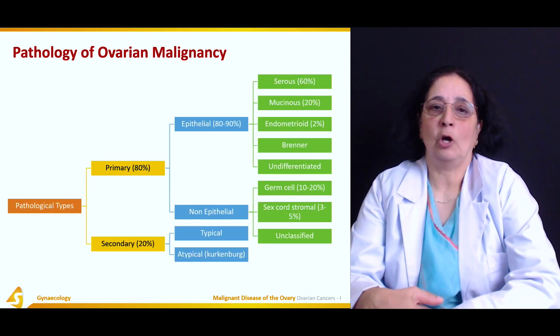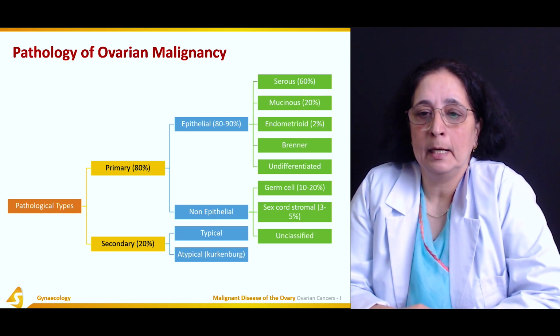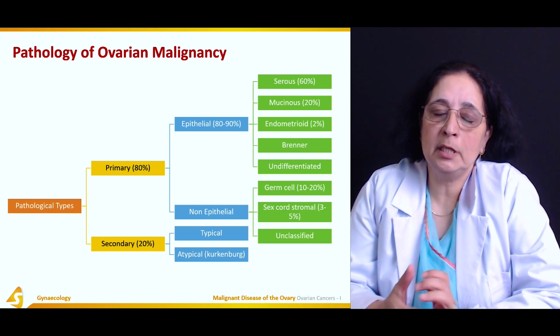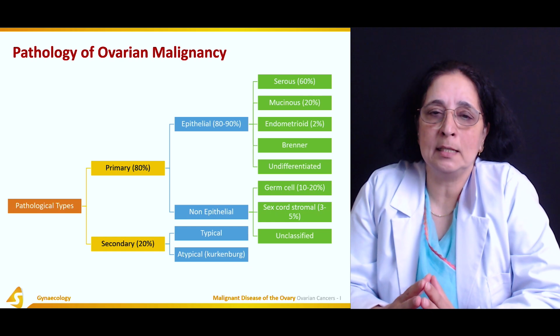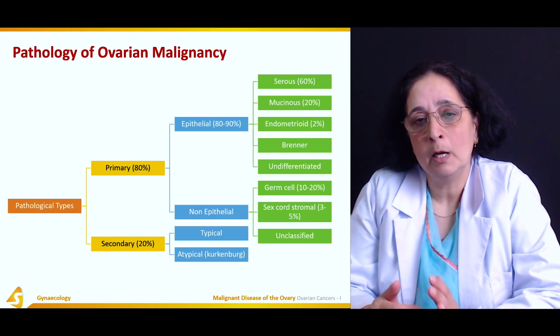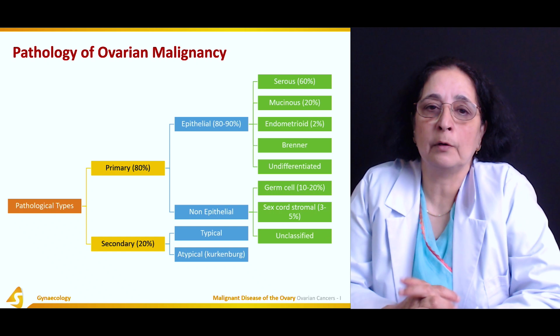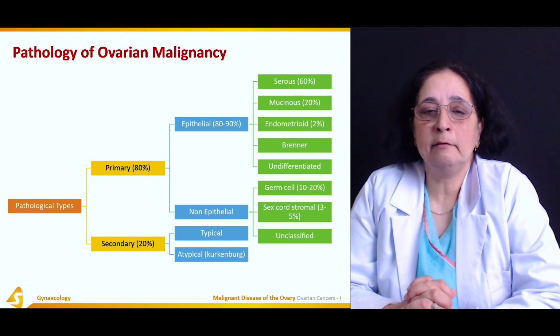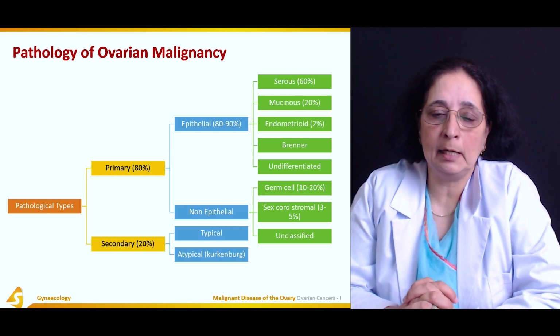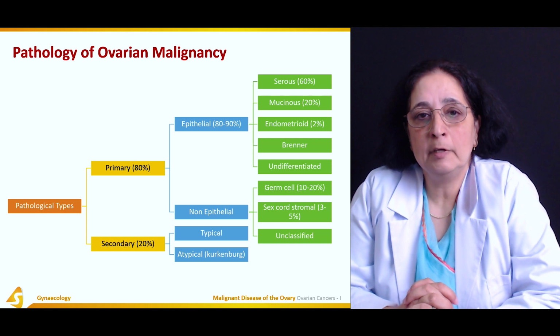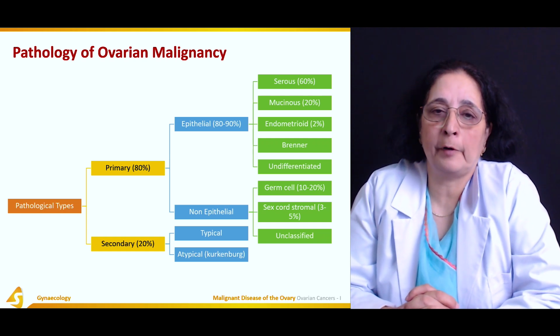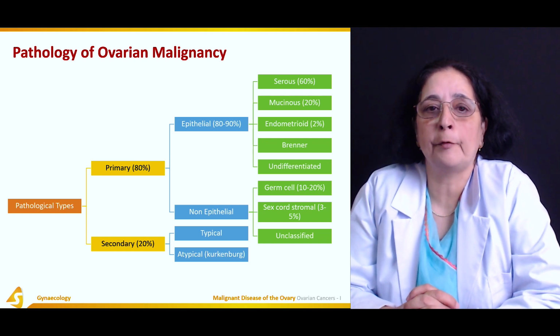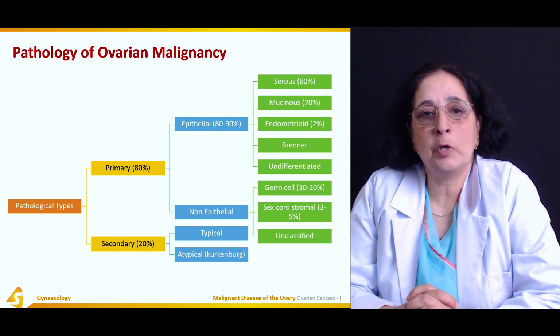Now, what is the pathology of ovarian malignancy? Pathology means abnormality. So at the cellular level, what are the different forms of ovarian cancer? It is pathologically divided into two main types: primary, which is 80% of ovarian cancers, and secondary, about 20%.